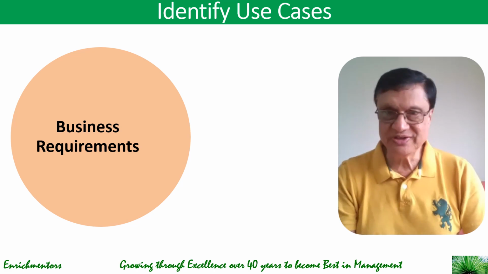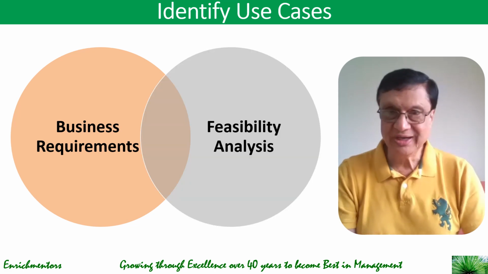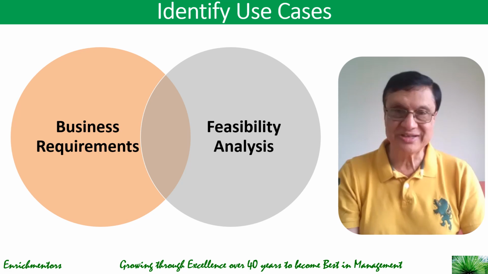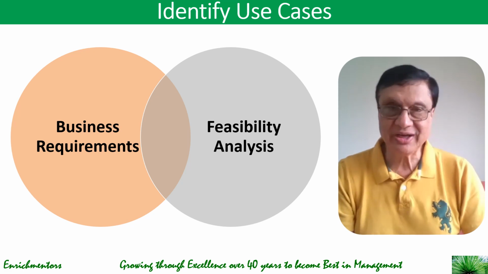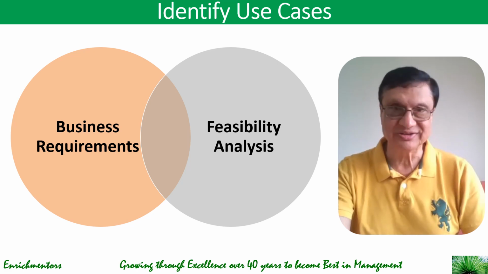Then you evaluate the feasibility and potential impact of integrating generative models into these use cases. If you're designing from fresh, you would have taken care of that. But if you already have an existing model, then this could require some kind of analysis.